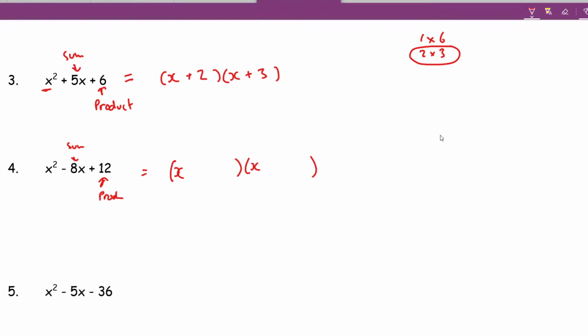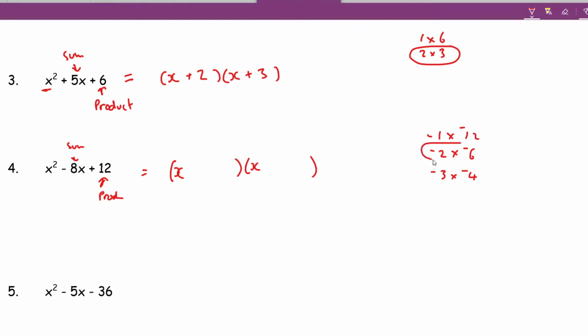And then let's make 12. So how are we going to make 12? 1 times 12, 2 times 6, 3 times 4. Okay, now this means they're going to be the same symbol and they're both going to be negative, so these are going to be both negatives. And all we need to do is see which one will have a summation of minus 8.